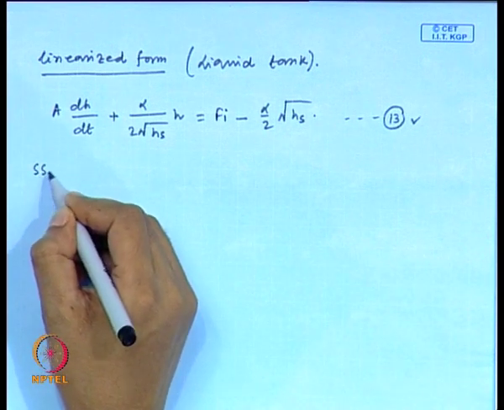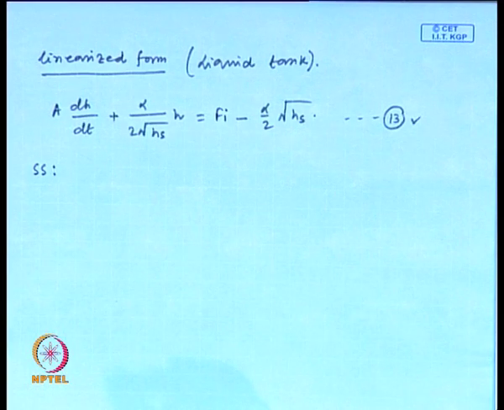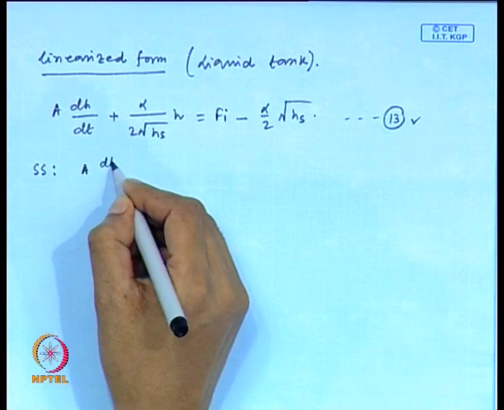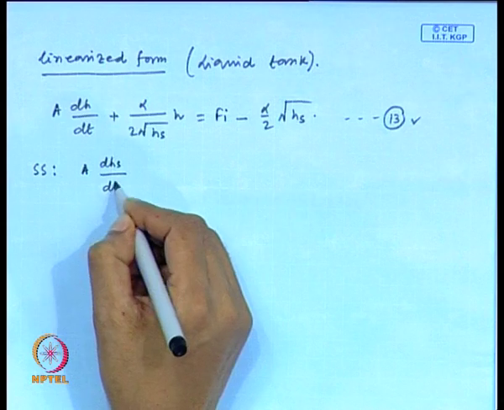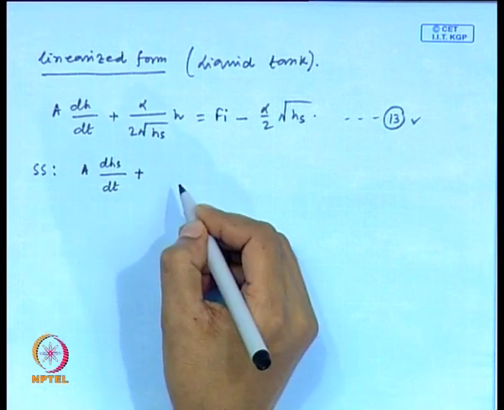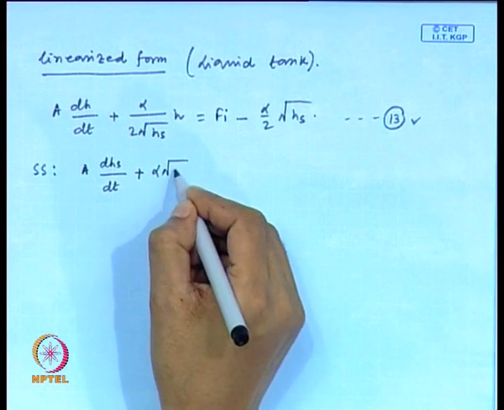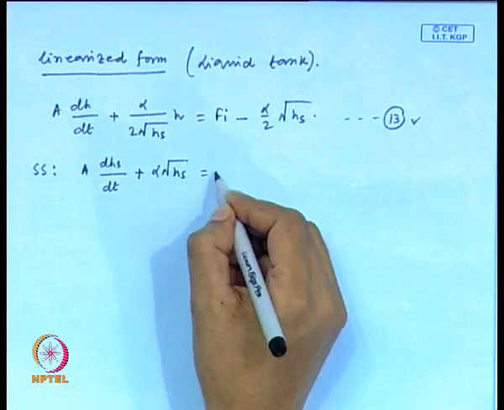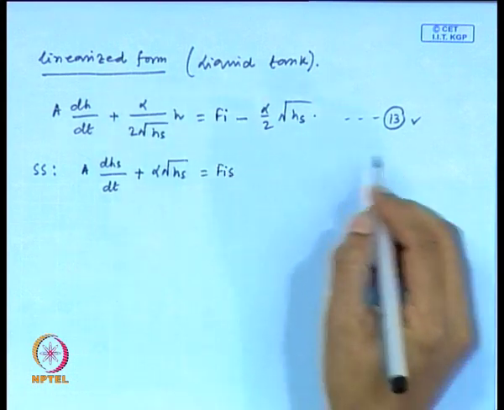At steady state, this equation 13 yields A dhs dt plus alpha root hs equals F is.